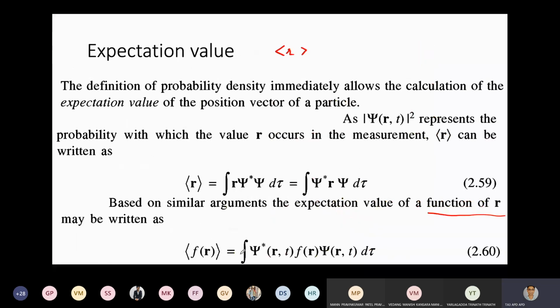And at the end, we talked about the expectation value, that how one can find the expectation value by simply multiplying the probability with the given value. So we simply sandwich the operator of this particular parameter between psi star and psi to find its expectation value.